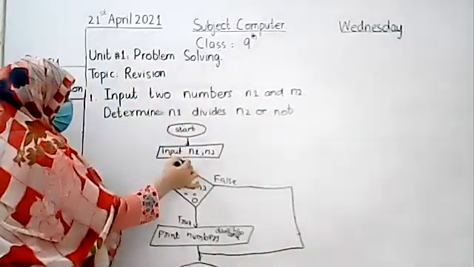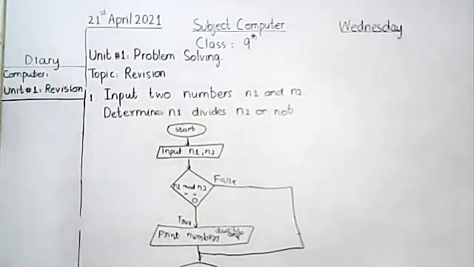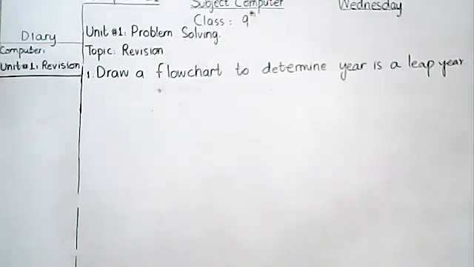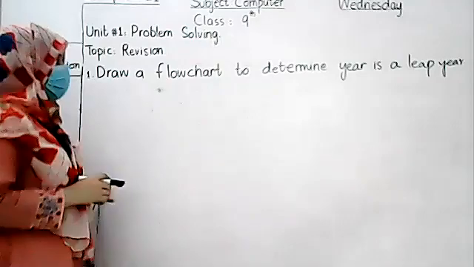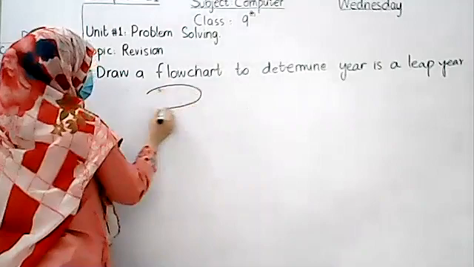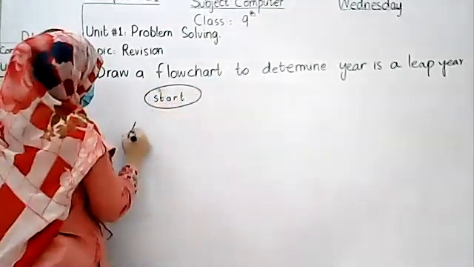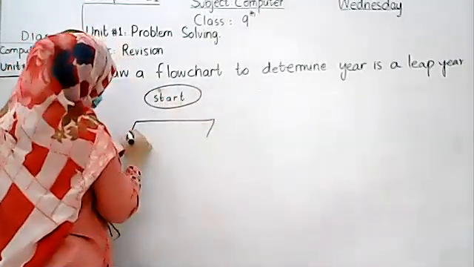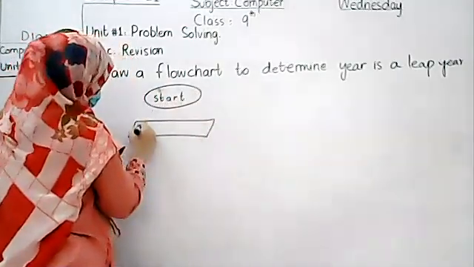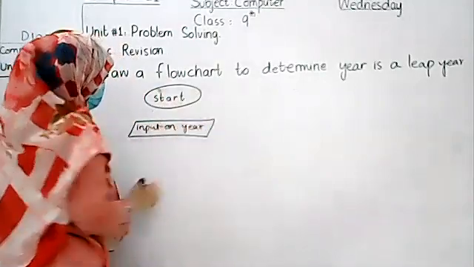Now we will go for the flow lines. So here is a flow chart we have to draw. First of all, we will enter a year. So we will start our flow chart. Then we will go for the input, year.